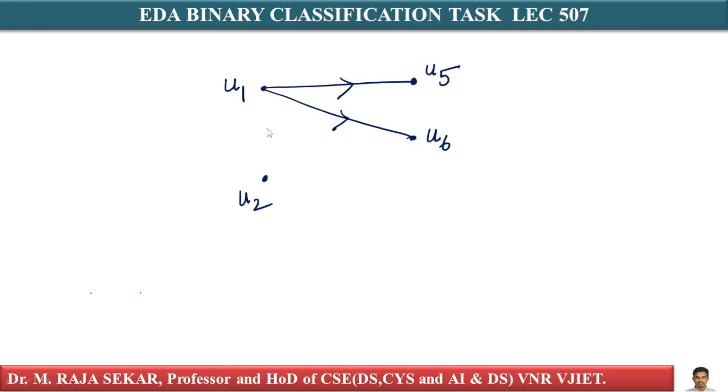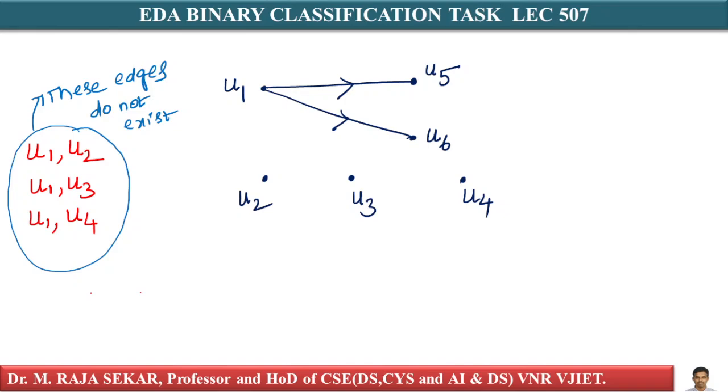There is no edge between u1 and u2, therefore that information is not given in the train.csv file. This is what exists in train.csv: an edge between u1 and u5, an edge between u1 and u6, but no other information, isn't it?